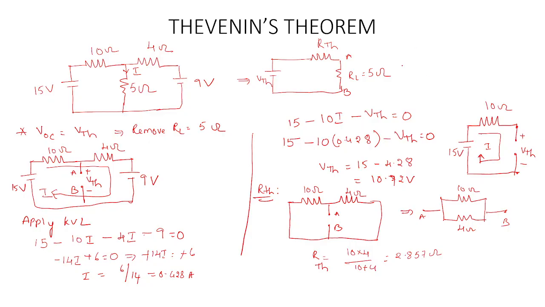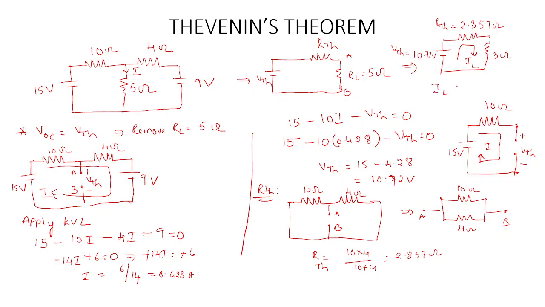So you can find the Thevenin's equivalent. 10.72 is your V Thevenin, and R Thevenin is 2.857 ohms. So this is R Thevenin, and here it is V Thevenin. So we have removed the 5 ohms resistance. So 5 ohms is connected back, and we have to calculate the IL, which is flowing through 5 ohms.